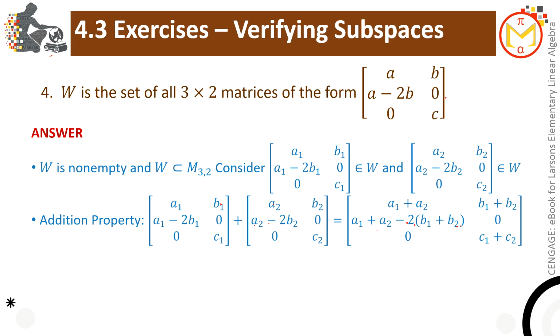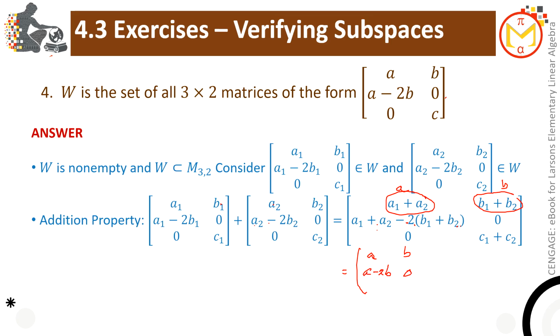Now look at this one. You can say this is A. This is B. So we can still have that form A, B. This is A minus 2B.